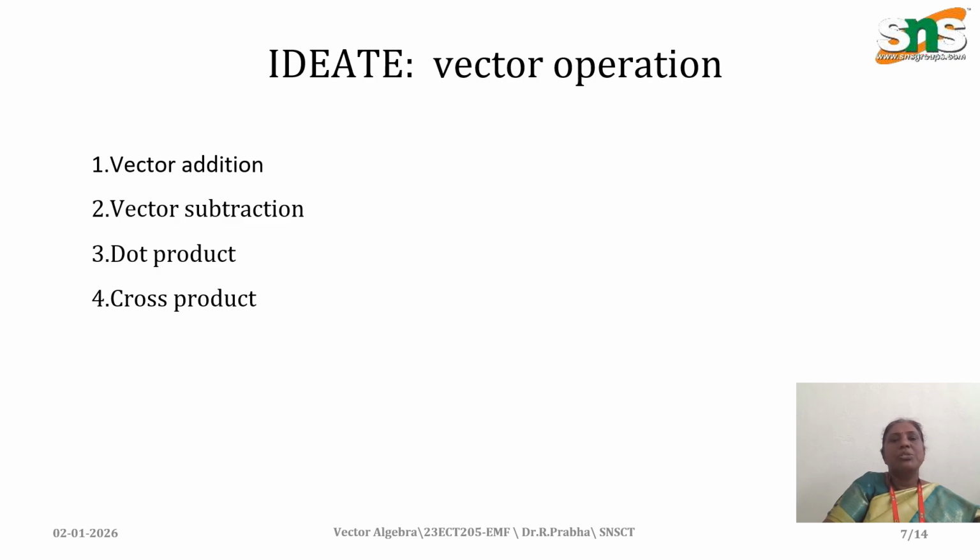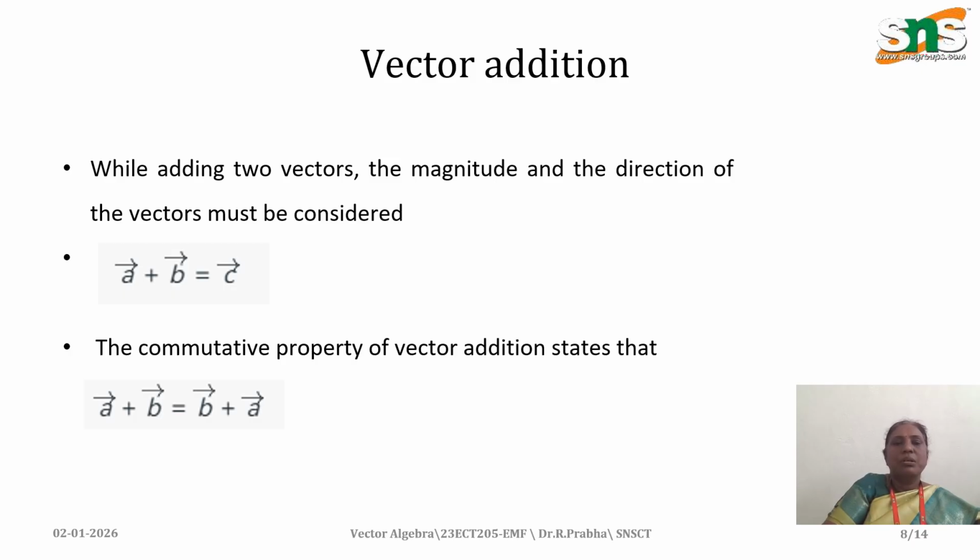And now coming to the ideate part, we are going to see the different types of vector operations: vector addition, vector subtraction, and vector multiplication. In vector multiplication, there are two cases: one is the dot product and another one is the cross product. Vector addition is adding two vectors, and the magnitude and direction of the vectors must be considered in this case.